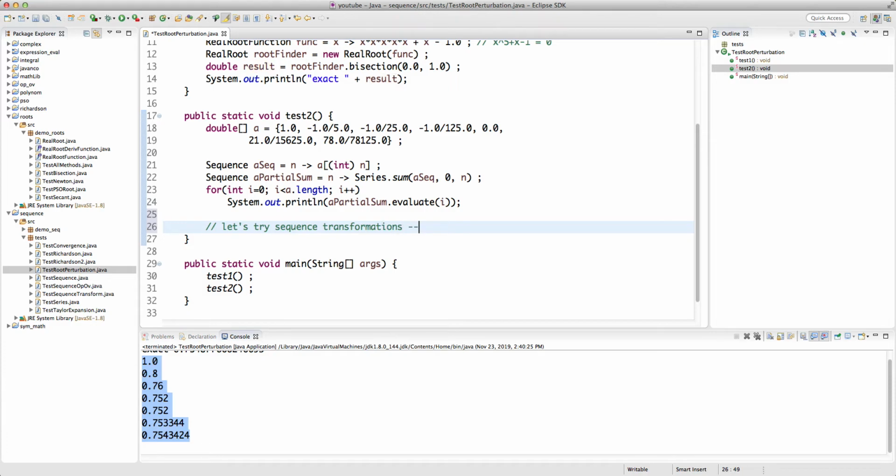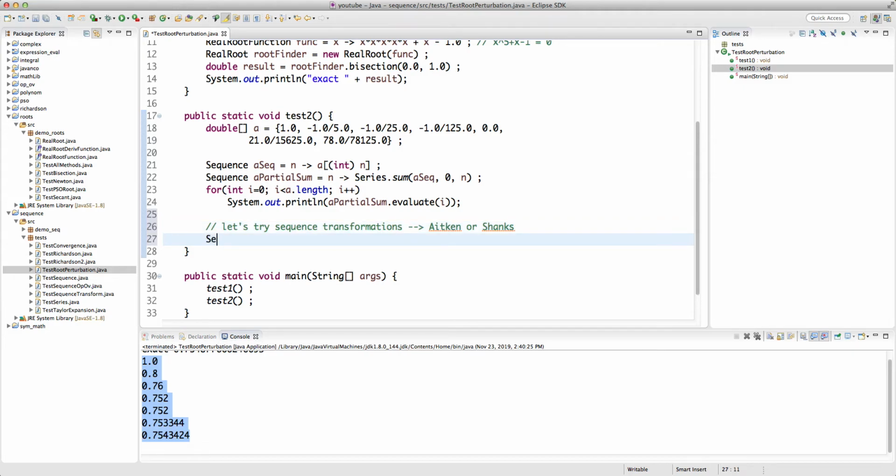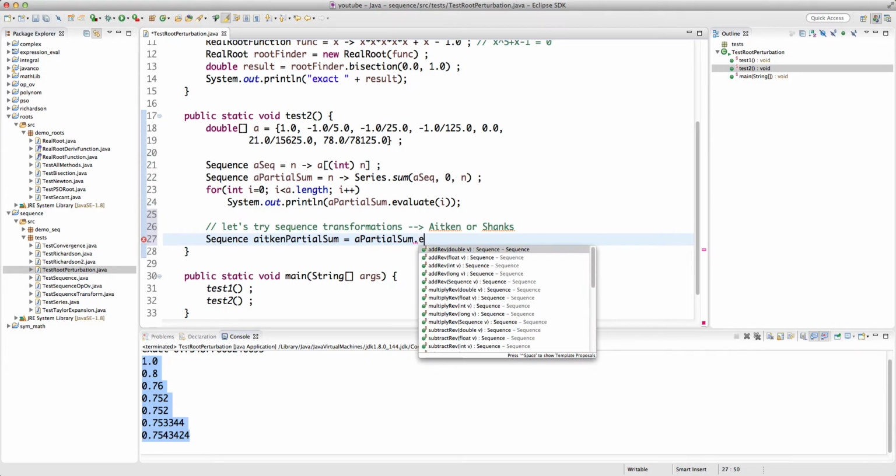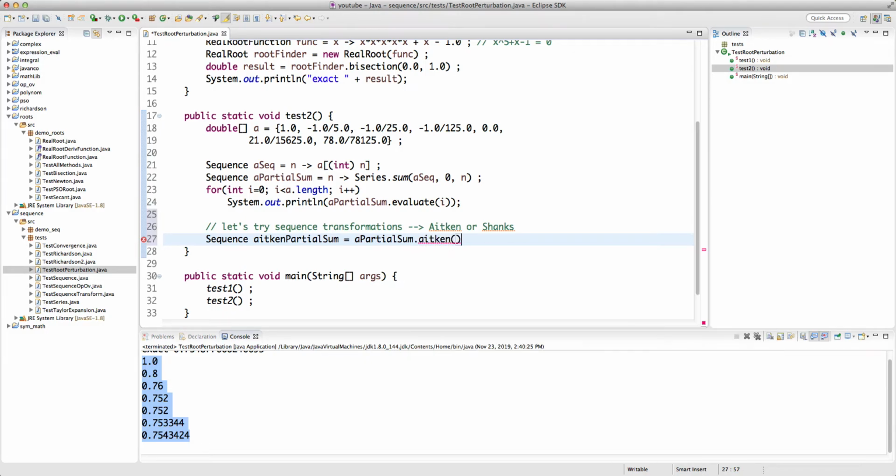Because of the alternation in the sign, we're going to use Aitken or Shanks. Let's try Aitken. I'm going to create a new sequence. Let's call this the Aitken partial sum, taking the A partial sum, which we applied this on, and calling Aitken on it.